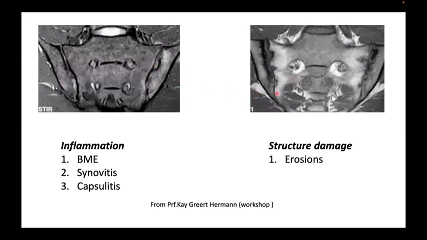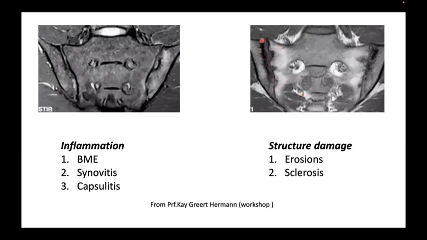And you have erosion. You can see erosion here, 1 erosion here, 2 erosions here, 3 erosions here. You can also see widening of the joint, which with the erosions makes the sacroiliac joint look white.